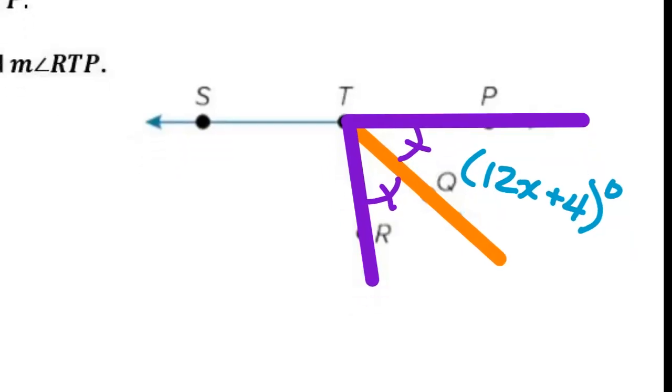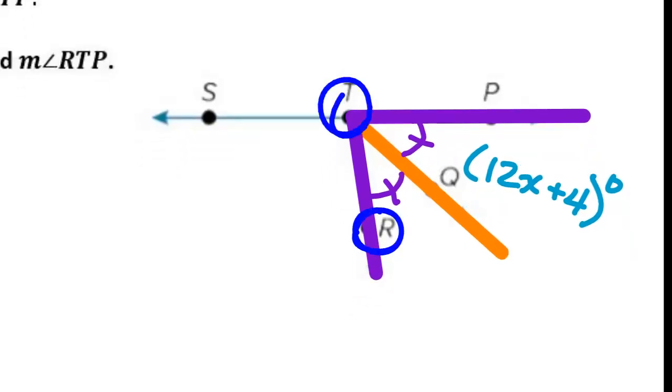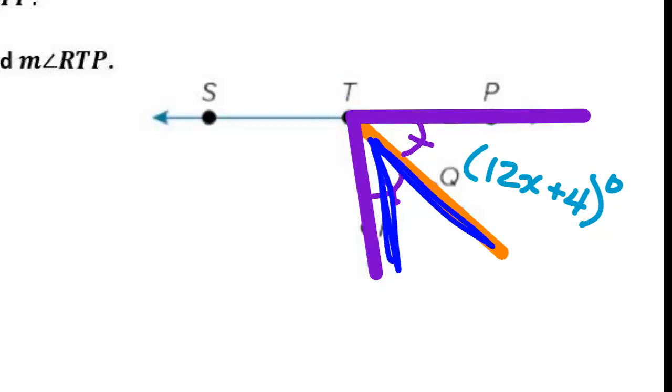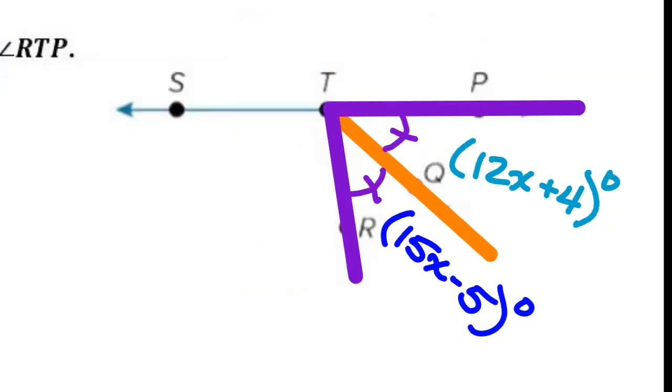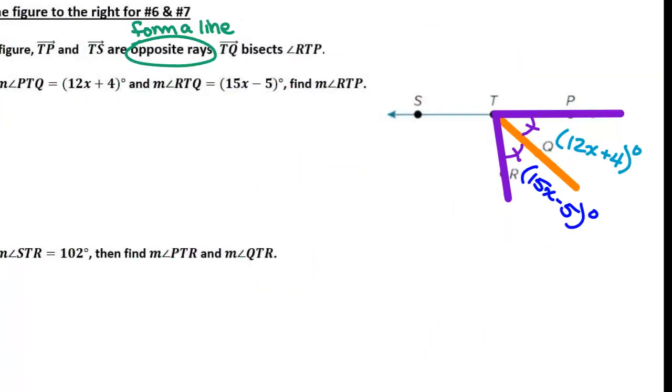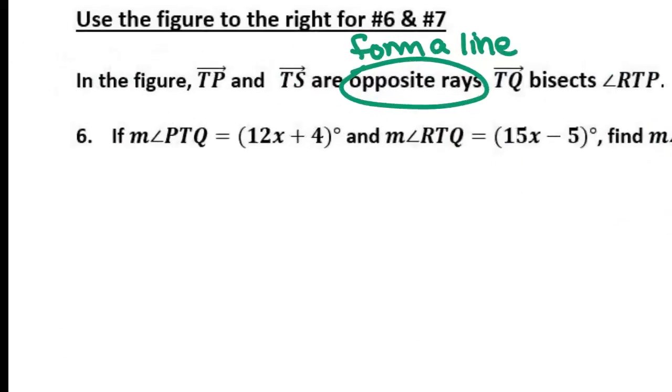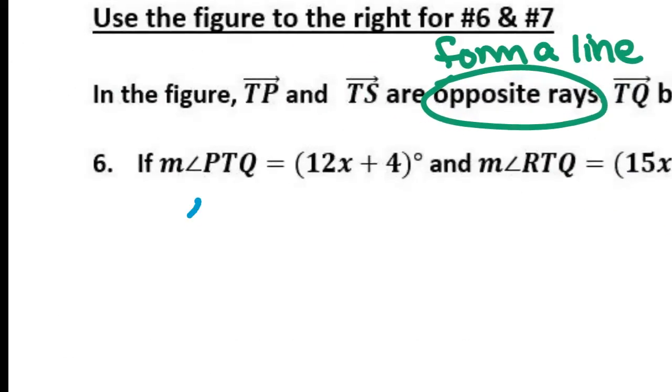And then angle RTQ, so this angle right here, is 15x minus 5. And you're absolutely correct. Those two angles are congruent, so we are going to set those measurements equal to each other.